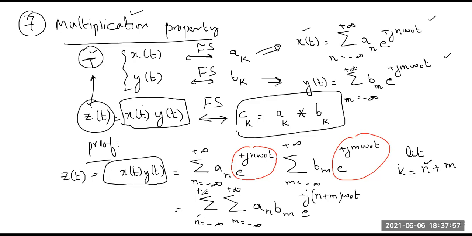And when n is equal to plus infinity, k will also be equal to plus infinity. So it means this first summation, if I change the variable from n to k, even then the limits will be from minus infinity to plus infinity.